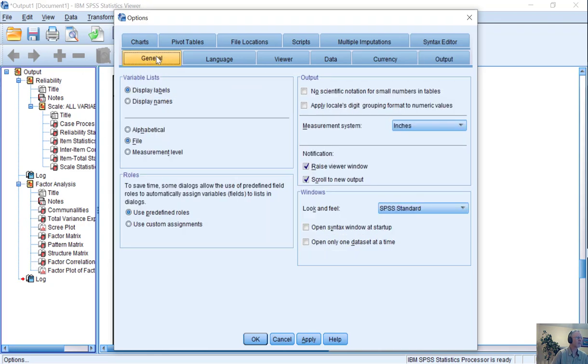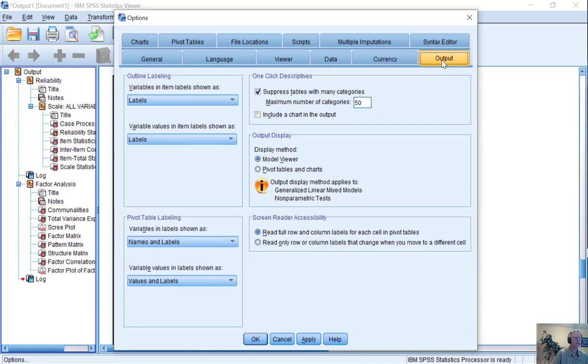It will probably come up General over here. Go over to Output, and then over here, this was going to be labels.